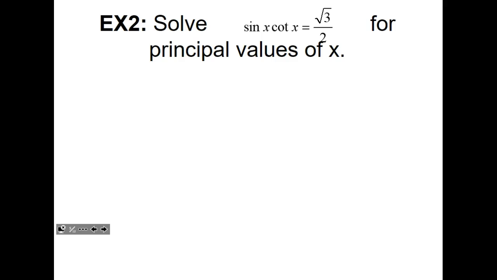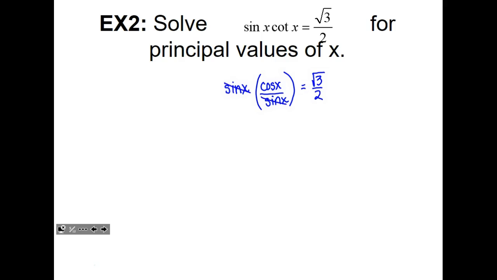This one's a little different than the last problem because I don't have things where I've got 2 x's. I can't just move things to the other side and solve like I did. But if I do this, sine x times cotangent, what is that if I change it to sines and cosines? Cosine x over sine x equals square root of 3 over 2. Why is that helpful?